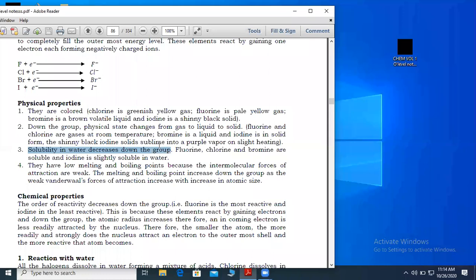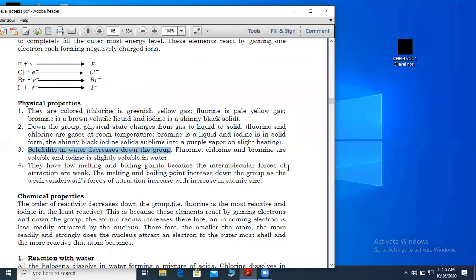Then if they don't mention physical properties, we said they are oxidizing agents. All of them are oxidizing agents. They exist as diatomic molecules. If we ask for something common in them.